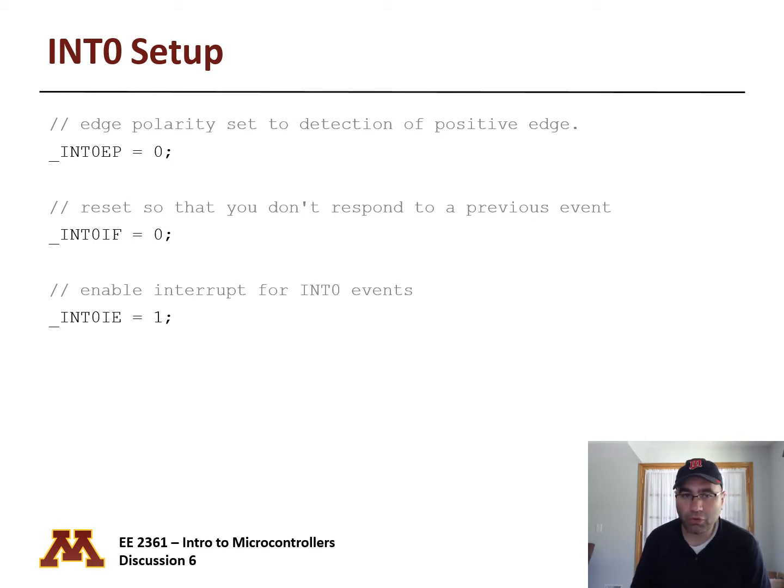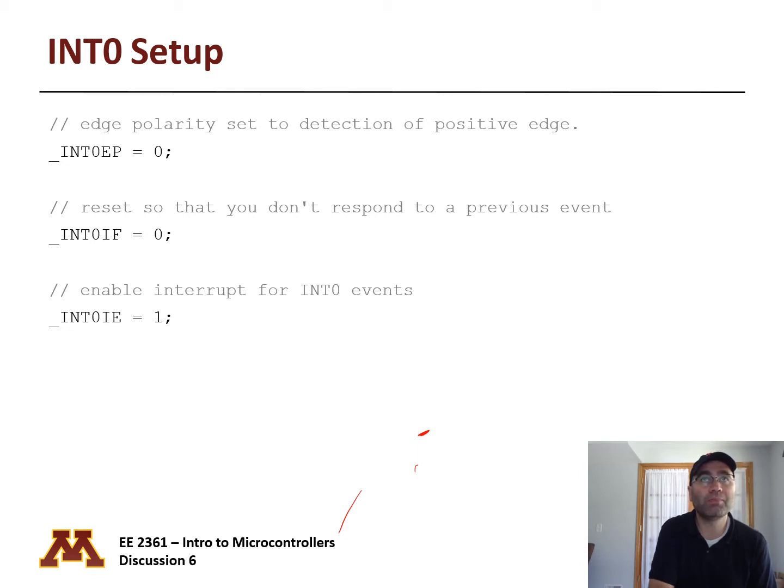Here for int0 external interrupt, we can set the polarity. This is how we enable the polarity set to the detection of a positive edge. Again, if you find the register for int0 in the data sheet, maybe I can show it later.